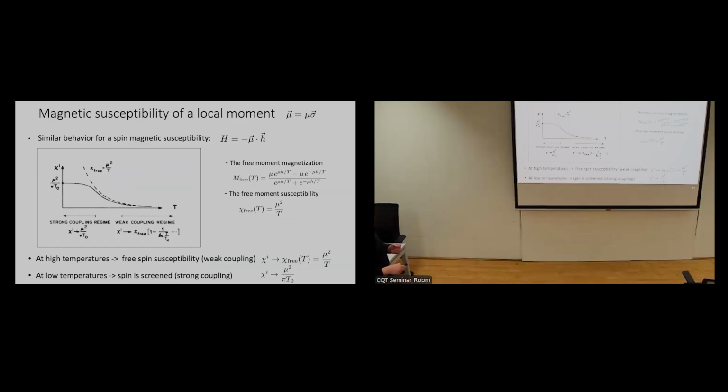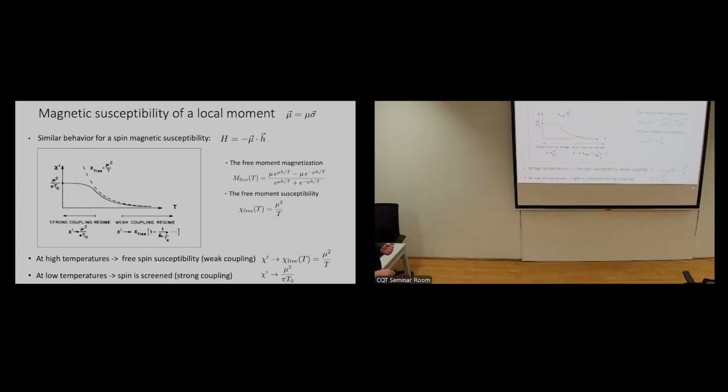This is what I called before asymptotic freedom. But at low temperature, the interaction between the impurity and the electrons becomes so strong that the impurity is screened, and therefore the susceptibility is finite, unlike a free magnetic moment, whose susceptibility would diverge.